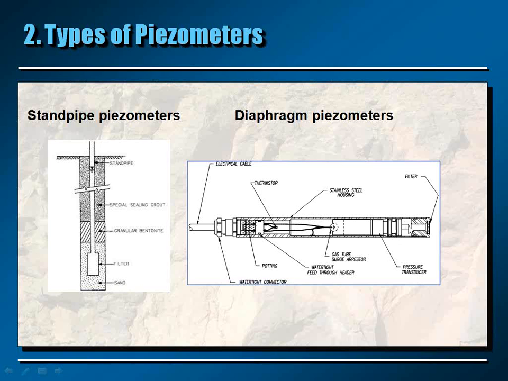By measuring the deformation of the diaphragm, you will know what the water pressure is. Many piezometers were developed following this principle, including the pneumatic piezometer and the vibrating wire piezometers.